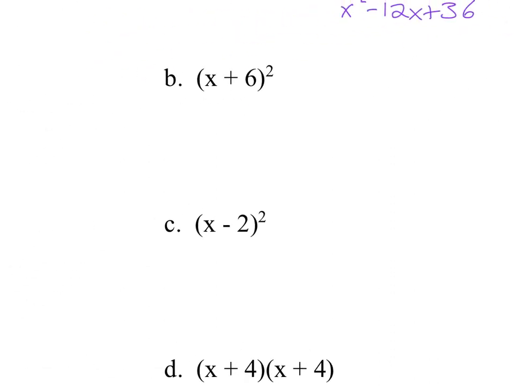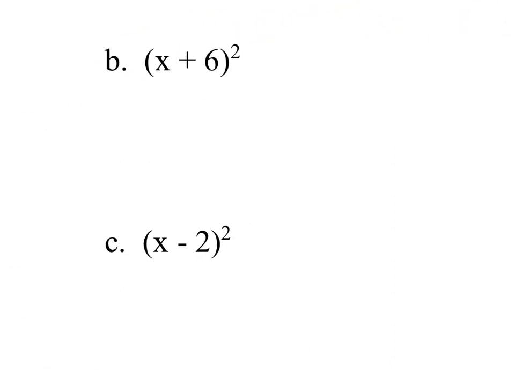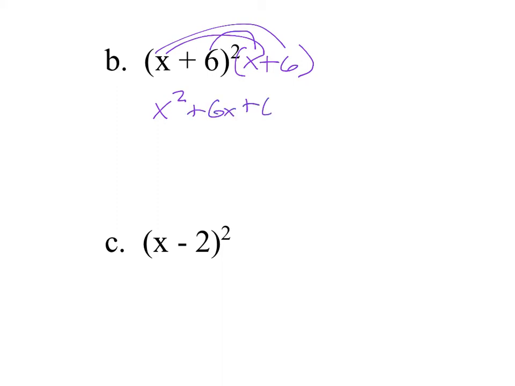All right. So I'm going to do one more where I multiply it out. So I have x plus 6, x squared, x 6x, plus another 6x, plus 6 squared, which is 36. I add the two middle bits, I get x squared.